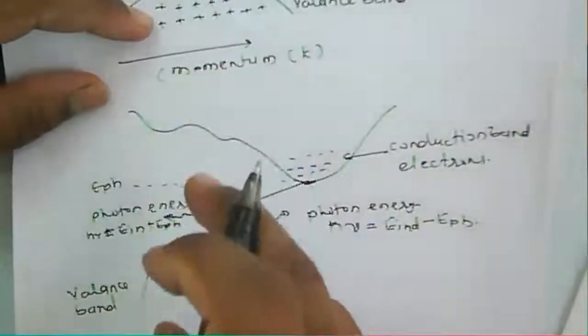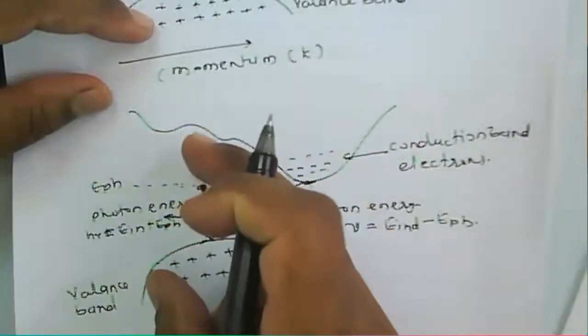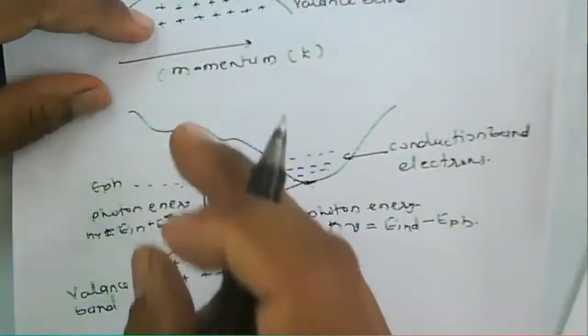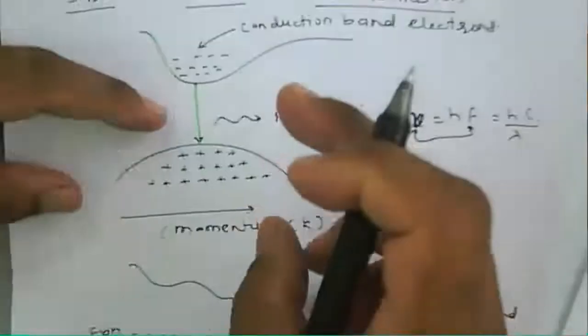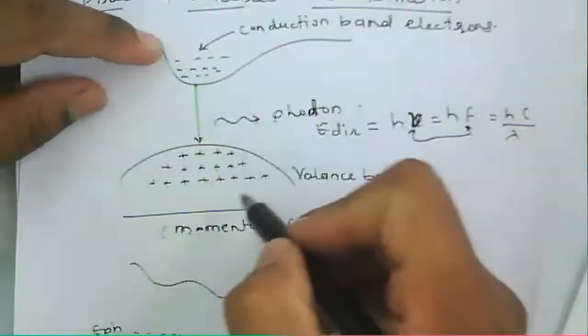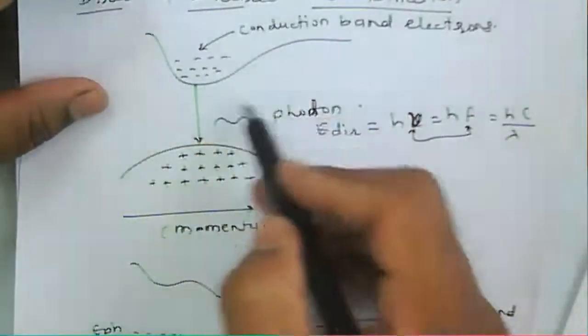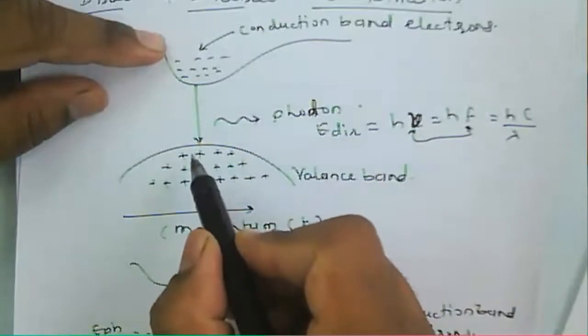So if you take the example of a light emitting diode, it is made up of a direct band recombination material.